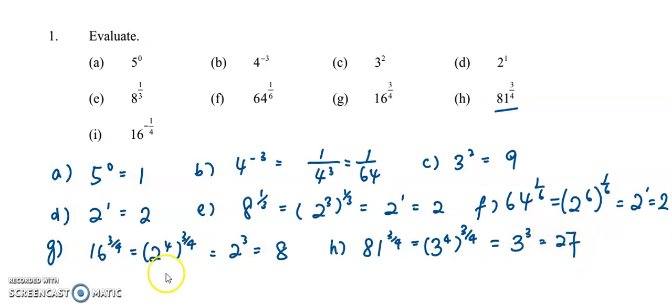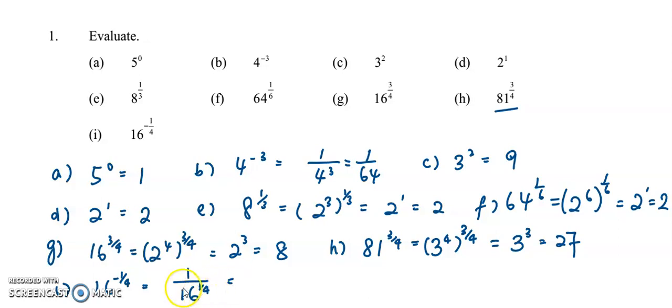Alright. So the last question is I. You have 16 power of negative 1 over 4. Again, as I told you just now, if you have a negative power, it means you're going to find the reciprocal, so you can change this index number into 1 over 16 power of 1 over 4.